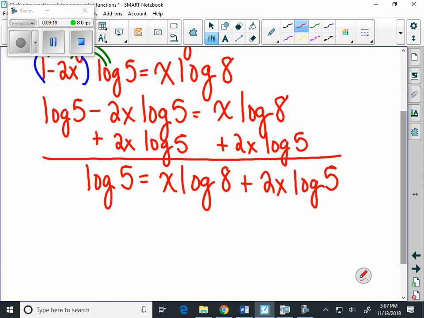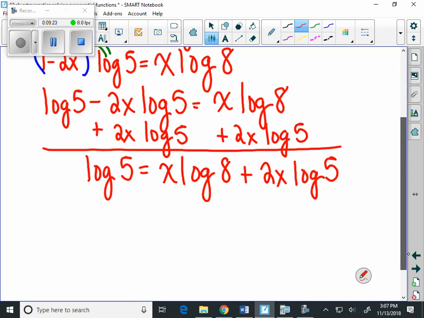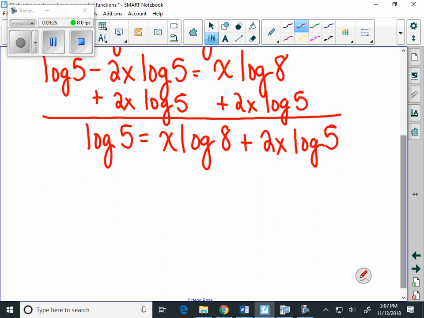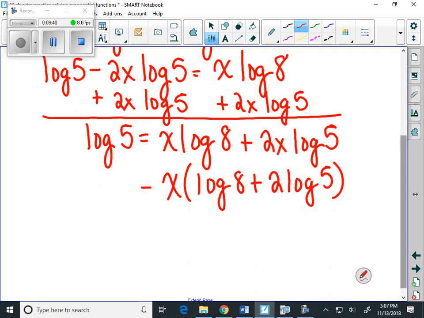And again, what we're trying to do is figure out what x equals. Because we've got an x in 2 terms here, we have to factor out the greatest common factor of an x. And now we're left with log of 8 plus 2 log 5. And over here on the left side, we still have our log of 5.